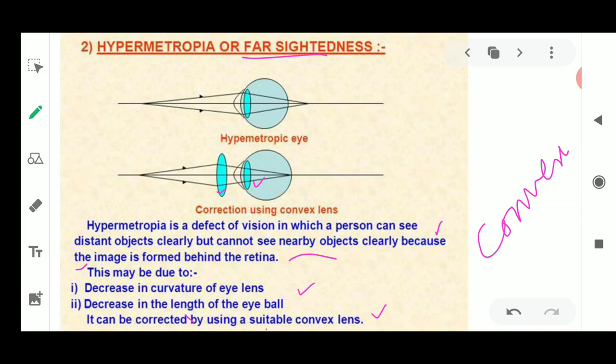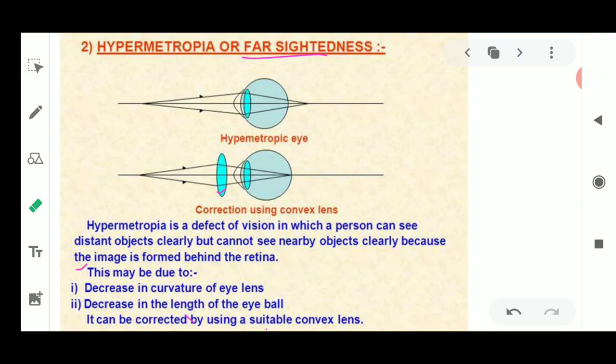Each person should have the lens according to their defect. Here the convex lens is present between the image and the eyeball, so the farsightedness is corrected.